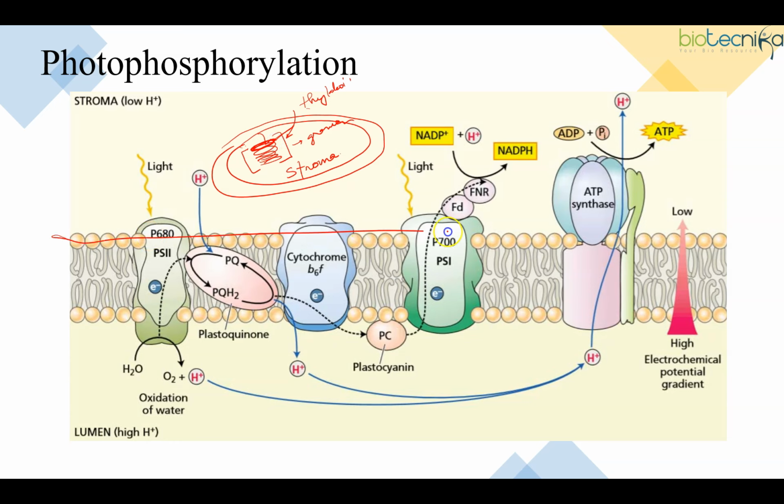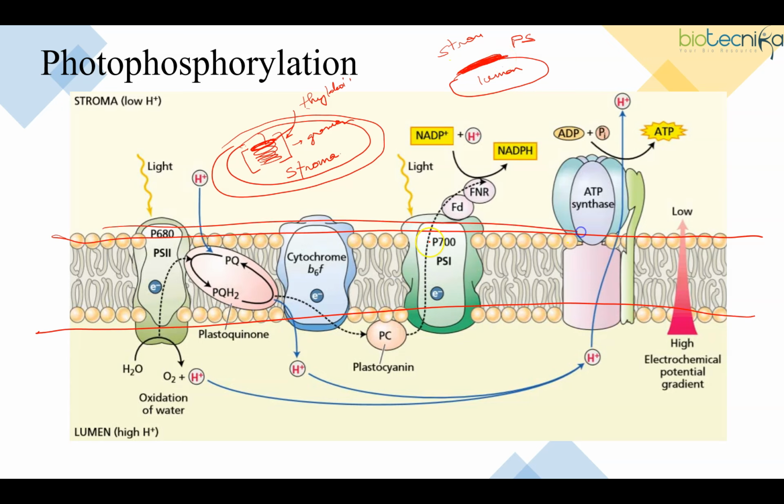What you are seeing over here is a thylakoid membrane. Outside is the stroma, and inside the thylakoid membrane is the lumen. Here the electron transport chain carriers are called photosystems, photosystem 1 and 2, and they are located in this thylakoid membrane.